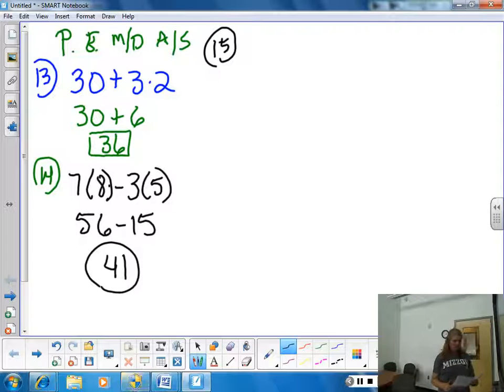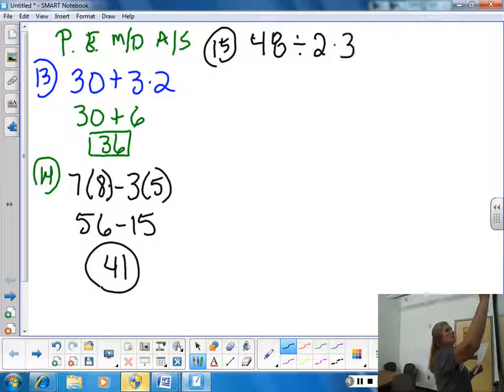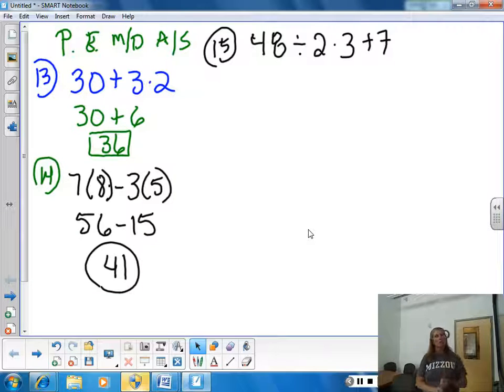Number 15 is something like this one, 48 divided by 2 times 3 plus 7. You might want to pause and try these and then come back and see if you get them right. But here's the common mistake on this one. People love to jump over and do 2 times 3 and get 6 because they like to do the multiplication before the division.